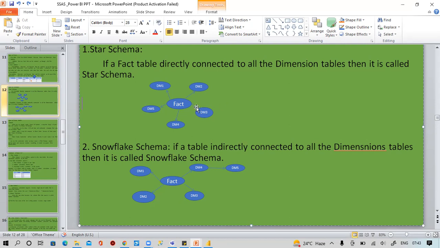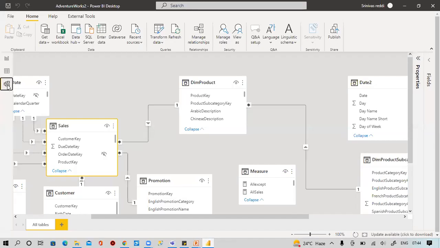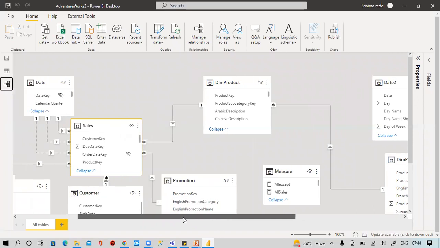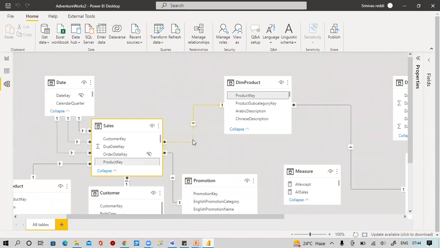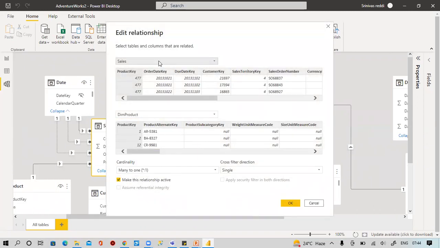We are giving the relationship, which technically in the backend is a kind of join. That is the reason to keep the ID in the fact table and the same ID in the dimension table. We are not giving any other ID. Let's double click on it. See, in the sales table we are pointing to the product key.